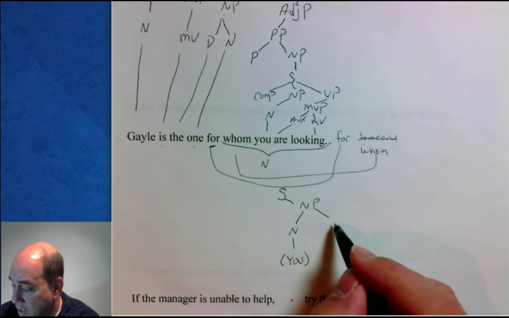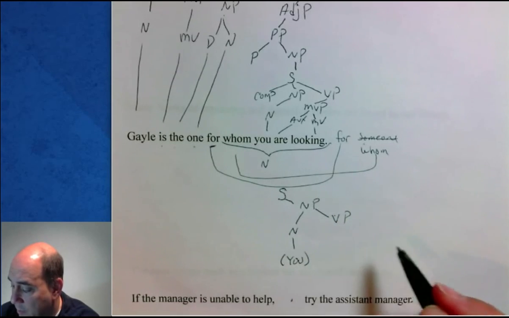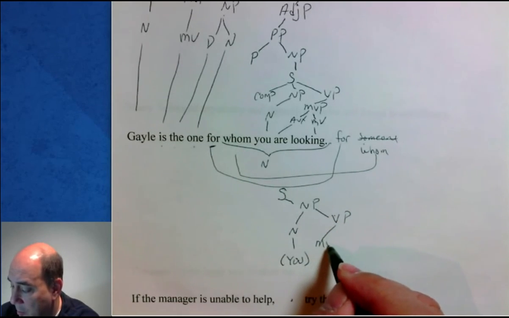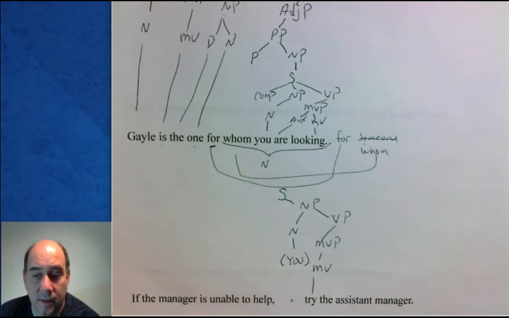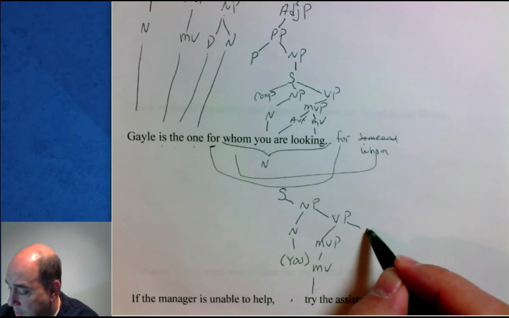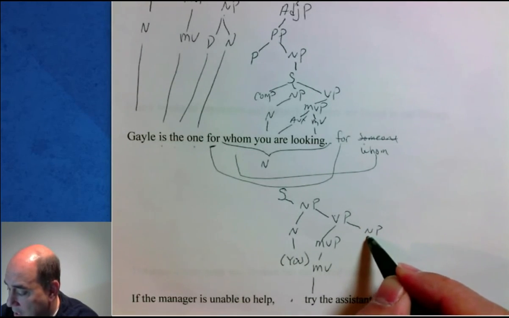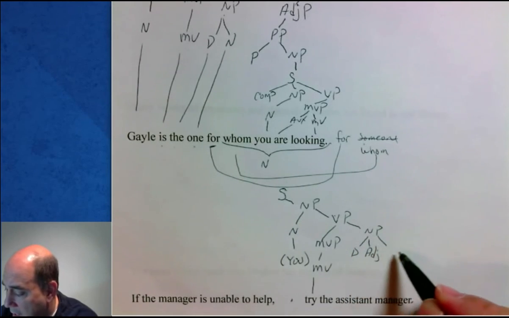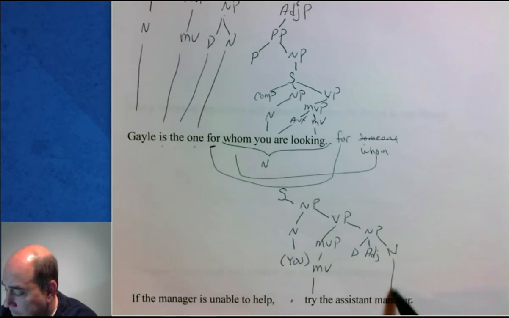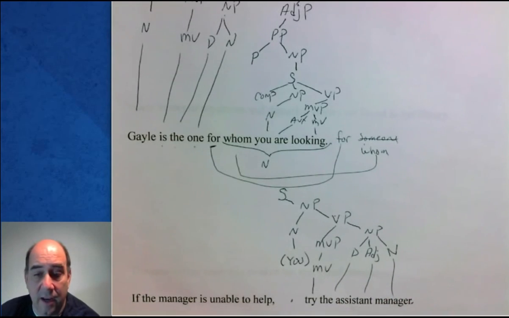And we got a verb phrase, and this verb phrase has a main verb phrase, which is a main verb, which is try. Okay? And then it has a noun phrase. The noun phrase has a determiner, an adjective, and a noun. Piece of cake, right?